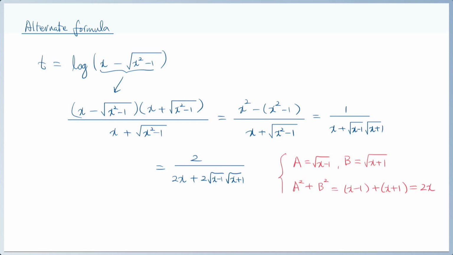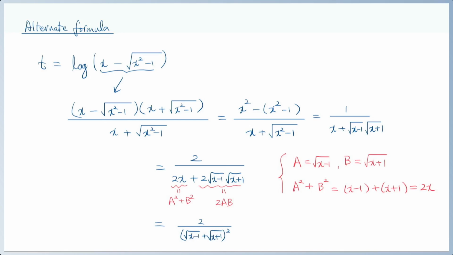With this, you can think of this as a squared plus b squared, and the second term in the bottom is nothing but 2ab. So let's write a perfect square. I get 2 divided by (a plus b) quantity squared, but a is root x minus 1, b is root x plus 1.